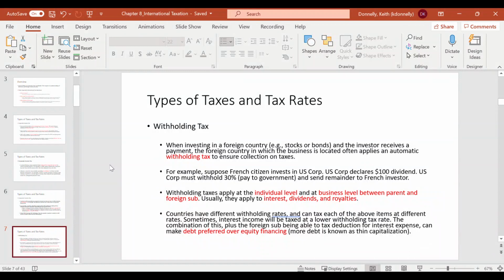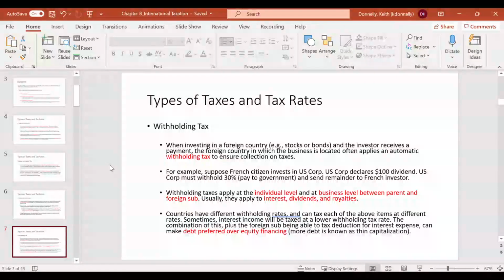So if you're investing in a foreign country, for example, you buy foreign stocks and bonds, and you as an investor would receive payment, in that case, the foreign country in which the business is located often applies an automatic withholding tax to ensure collections on taxes. So let's say, for example, here, right, we have a French citizen who invests in a U.S. corporation.